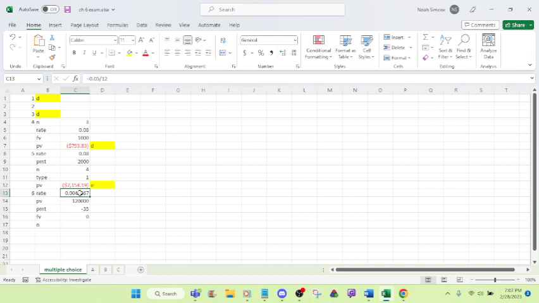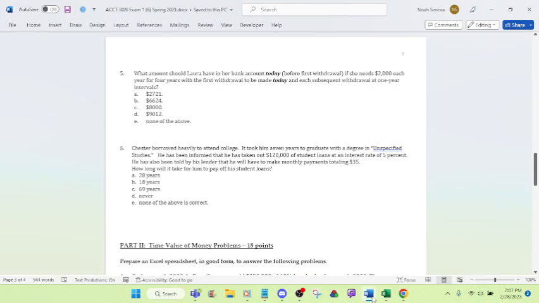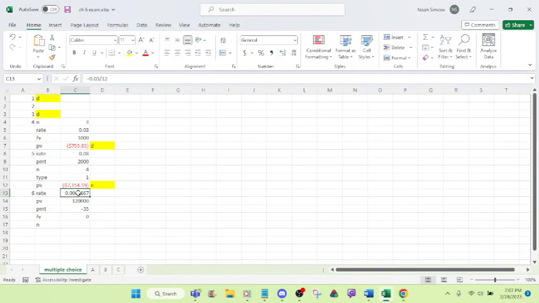This is the rate per month, and if you multiply this by 12, you end up with 5%, which is yearly. So monthly interest rate here, this is monthly payment, and future value 0. So how many months? This is the number of months that it will take to pay it off.